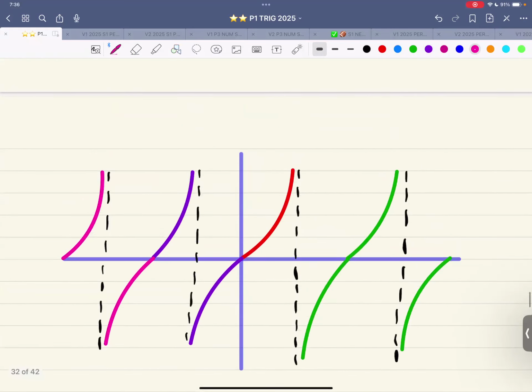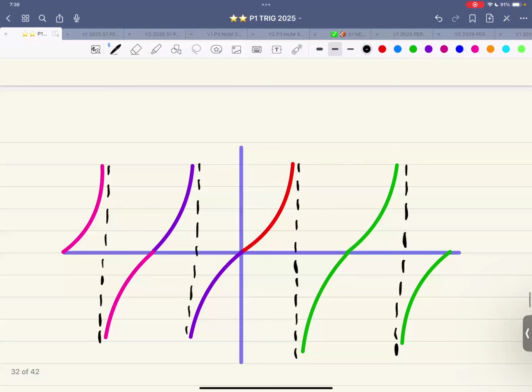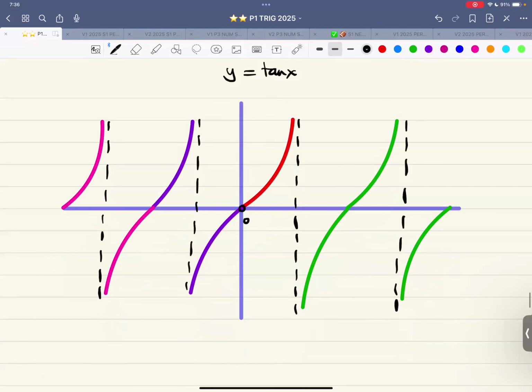You see tangent. Y equals tangent x. This is 0. This is 90. This is 180. This is 270. This is 360. This is negative 90, negative 180, negative 270. This is negative 360.